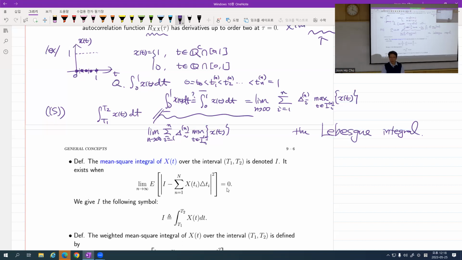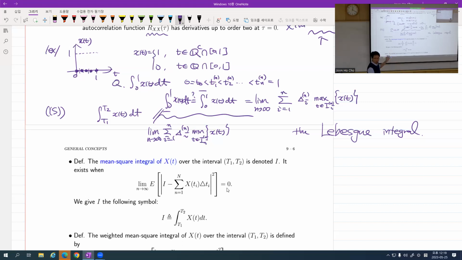So we need a lot of analysis-related knowledge to work properly as a graduate student in communications engineering, because you first need the notion of convergence of a sequence of random variables, and then you need some knowledge of stochastic calculus.